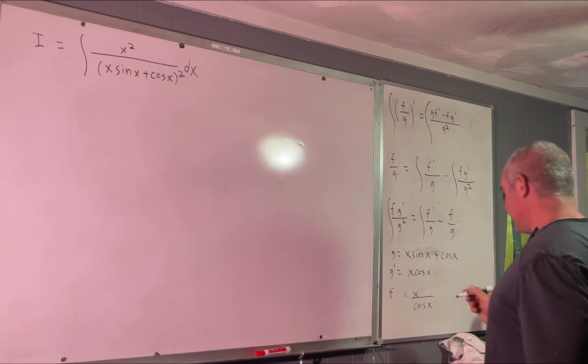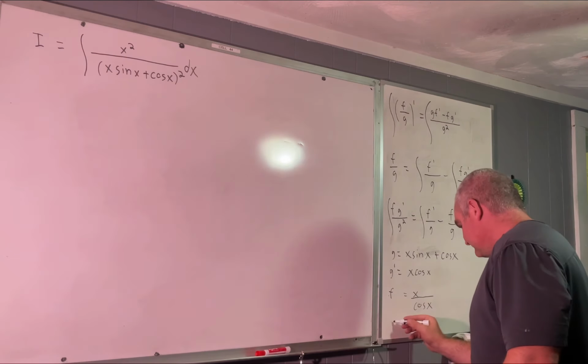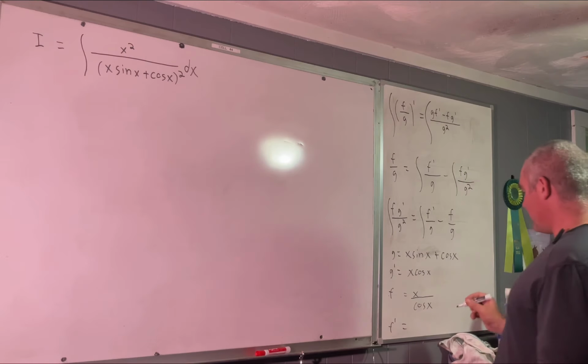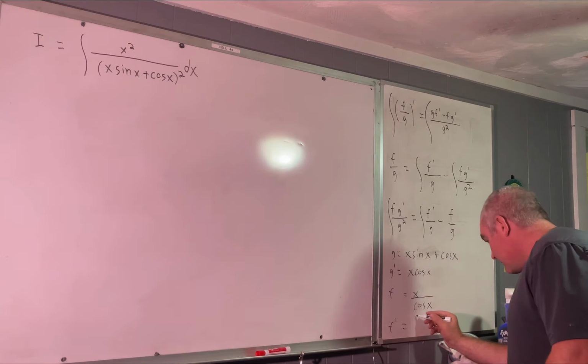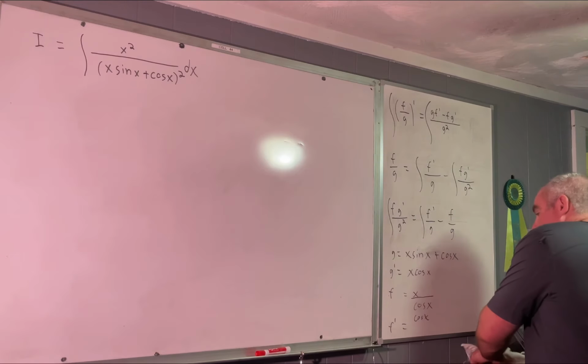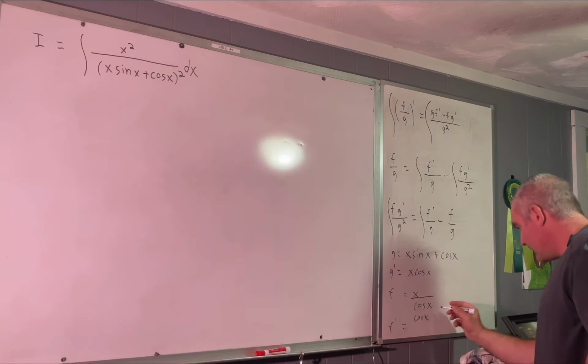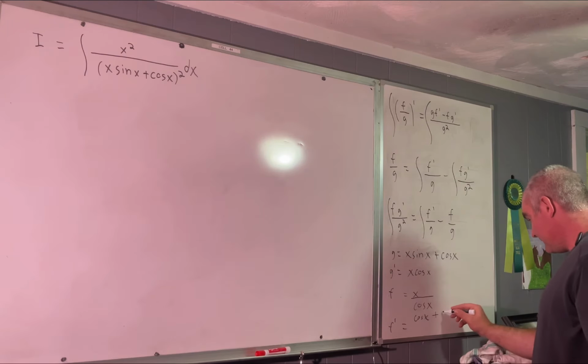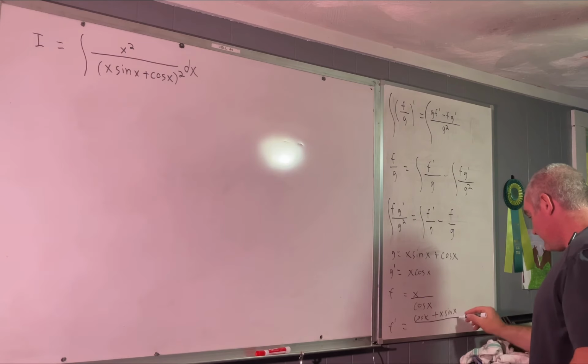All right, now let's find f prime. Well, we have cosine x plus x sine x over cosine squared x.